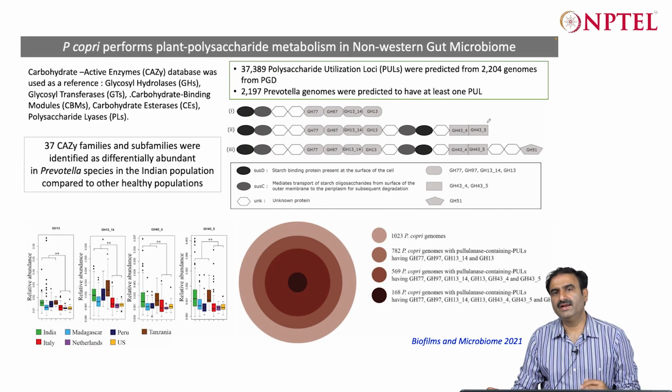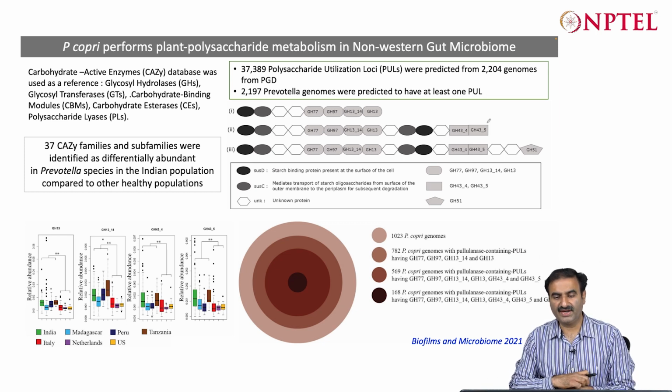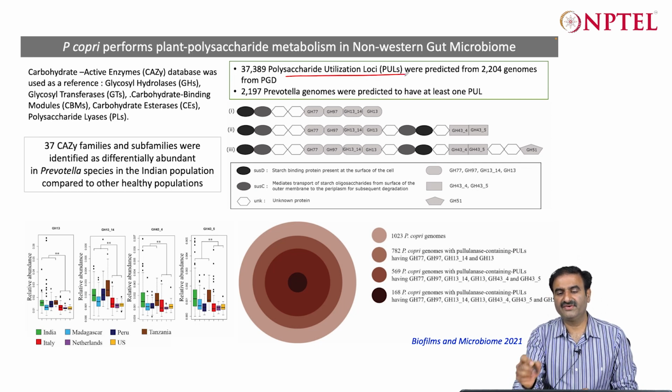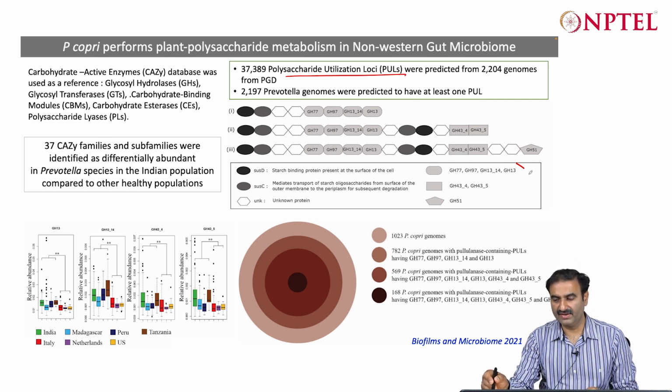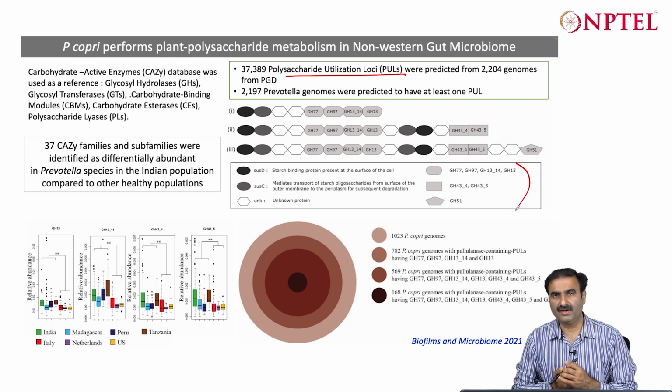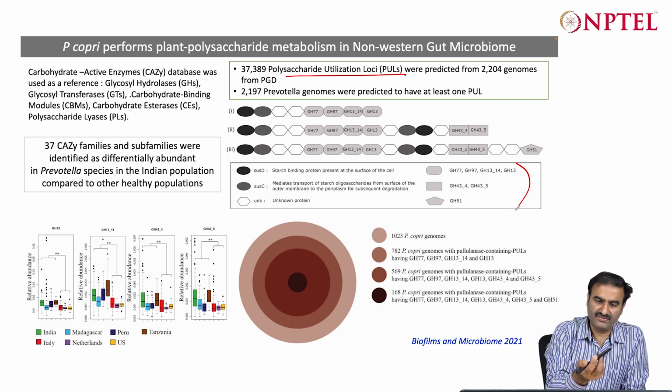And then, on detailed examination of the role of Prevotella copri in the gut microbiome, it was observed that it actually contains polysaccharide utilization loci in its genome, which help in the degradation of various plant-based materials. It contains the enzymes for degradation of those plant polysaccharides and carbohydrates.